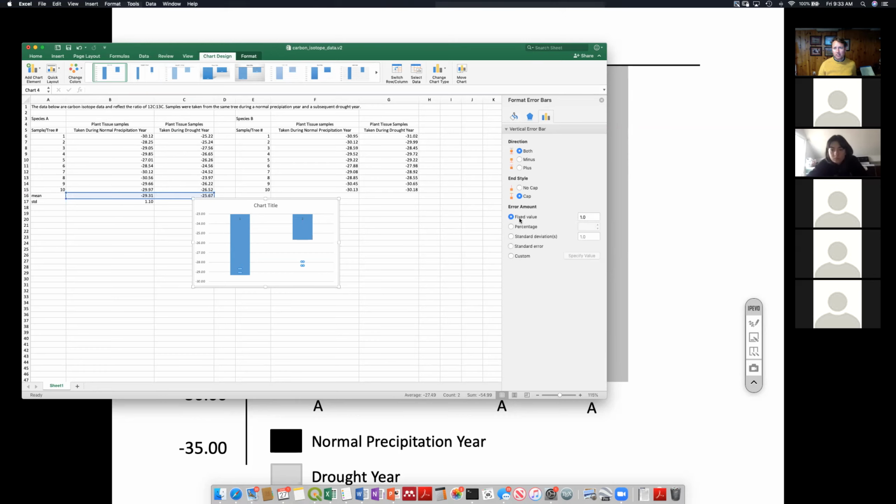So we could add a fixed value, we could add a percentage, but we want to specify the value.